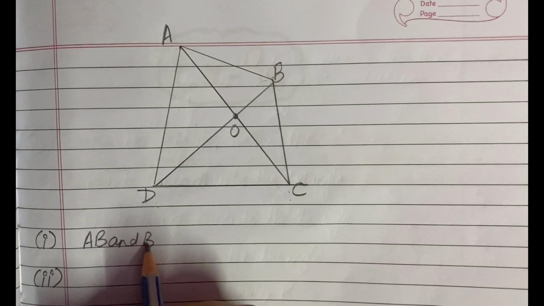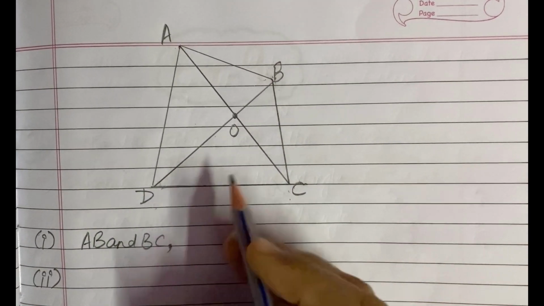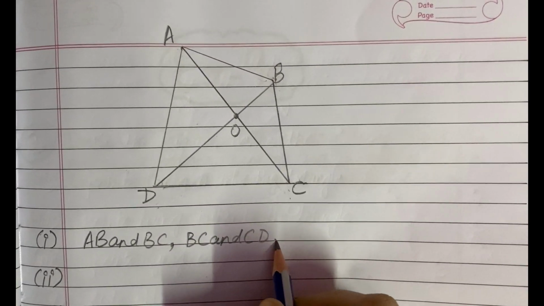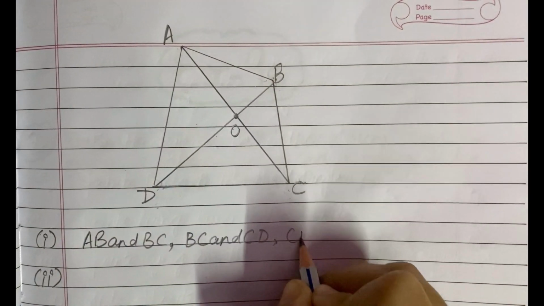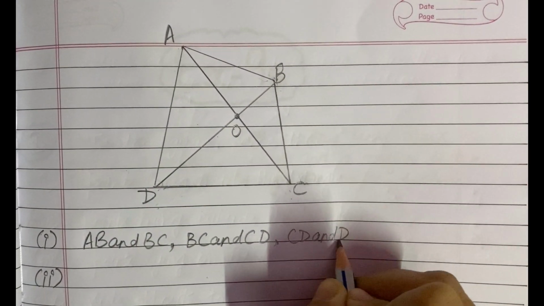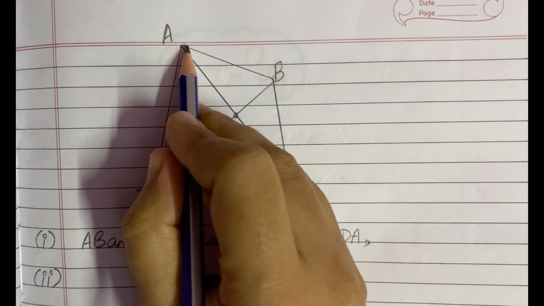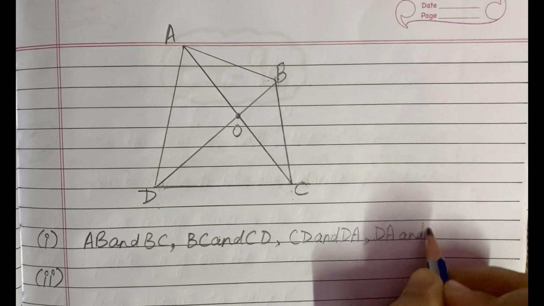This is the first pair. Second pair, BC and CD are adjacent sides. Third pair, CD and DA, they are also adjacent sides. And the last pair, DA and AB. Hopefully it is clear to you.